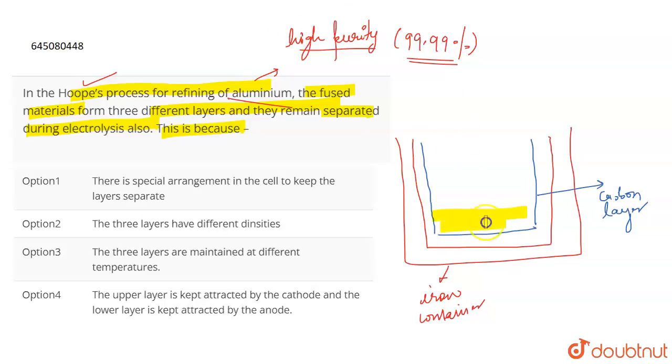This is the first layer, right? Let this be the first layer. Then let this be the second layer. And then let us draw the third layer here. Right, so these are the 3 layers that we have here.